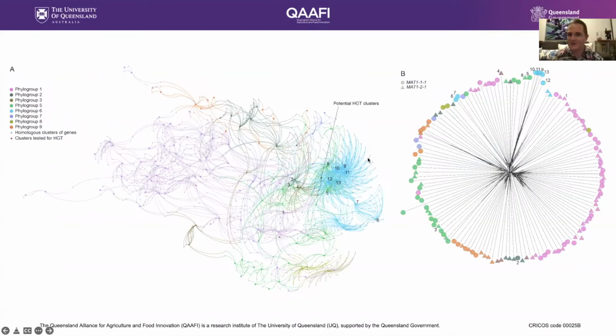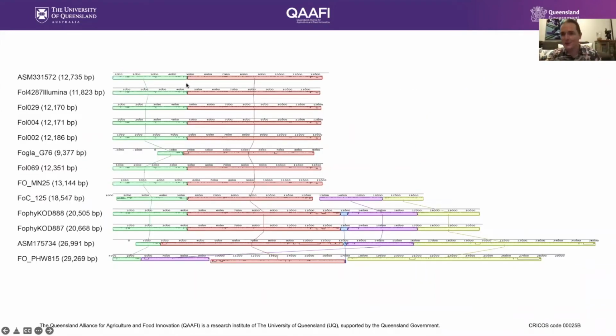So actually, because I stuffed up explaining how genes should be in the same area, I'm just going to go to the next image real quick. So we identified two parts of the genome in 13 individuals that we thought might be evidence of horizontal gene transfer. And what's super interesting is that those two regions were both in the dispensable chromosome, so chromosome 14.